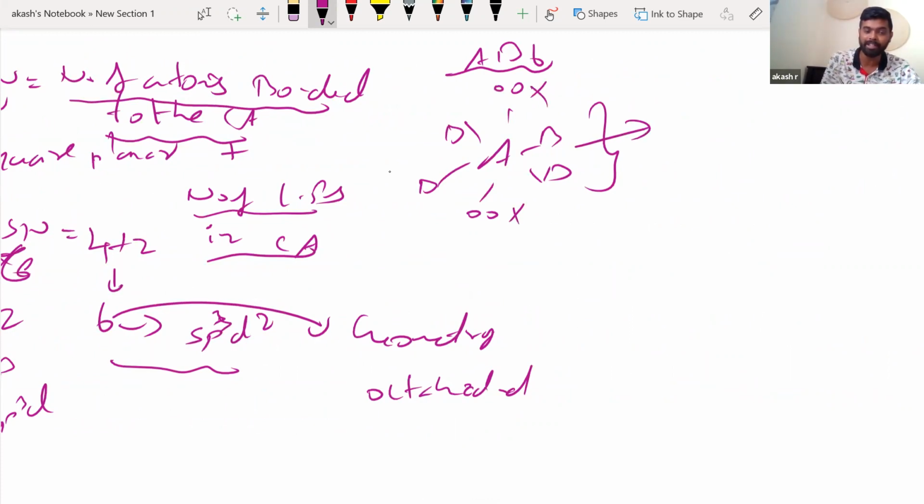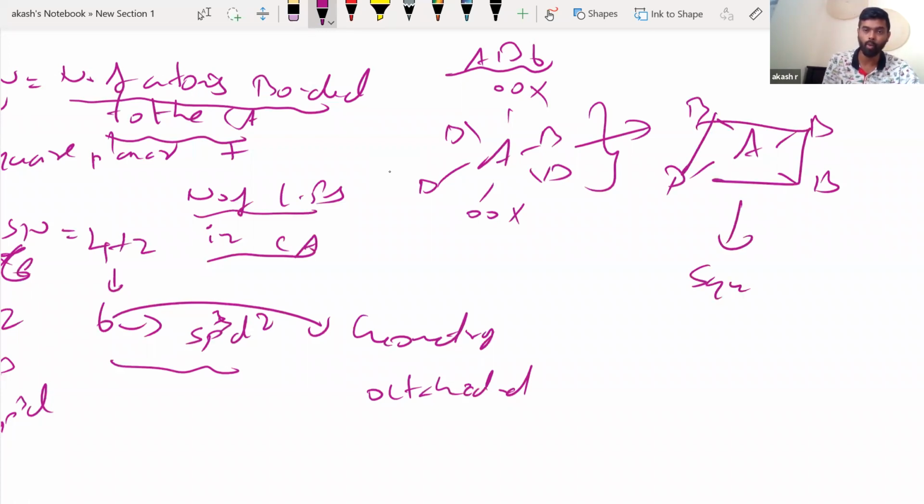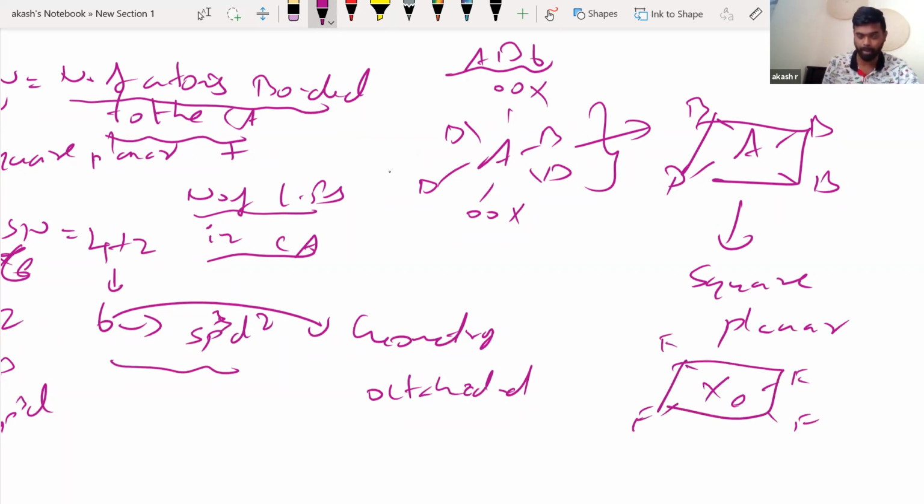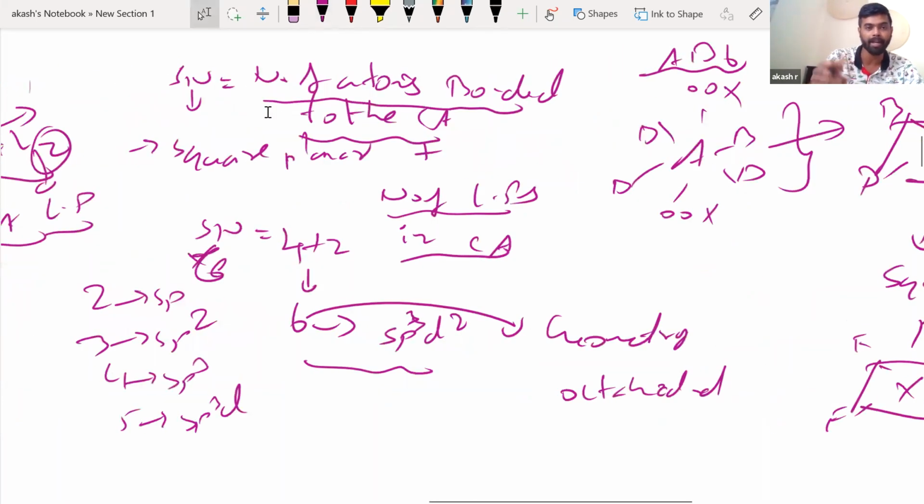If you forget that these lone pairs are there, you will end up with this one, and this you can see is square planar. And that's exactly what is happening with XeF4. This is square planar. So XeF4 is going to be square planar.